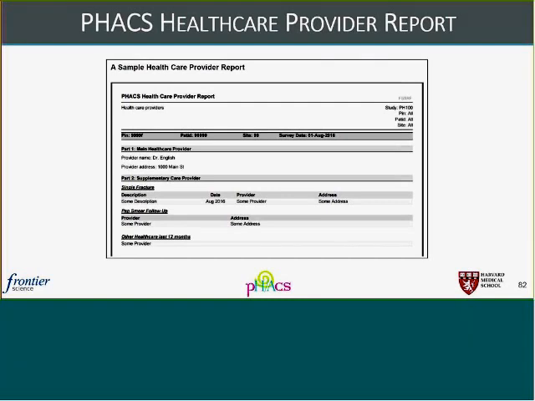And here's an example of what the report looks like when you run it. And you can see that it gives you the main healthcare provider, which would be you, and then the supplementary care. And it lists single fracture, pap smear follow-up, and other healthcare. So this is an important utility that you will want to become familiar with.